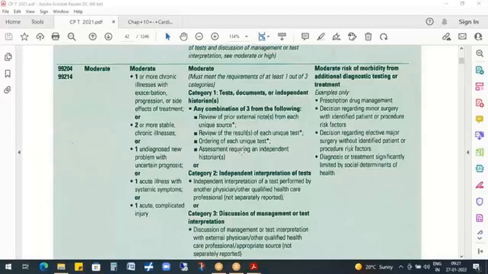So time-based selection is purely time-based coding, even if these three components are not met and time is given, we can directly code from the time. Yes, you can go by time. So we give preference to MDM, not like earlier with history, exam, and MDM, all three components. Yes.